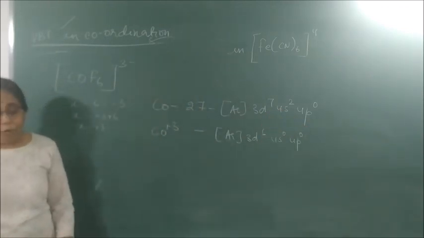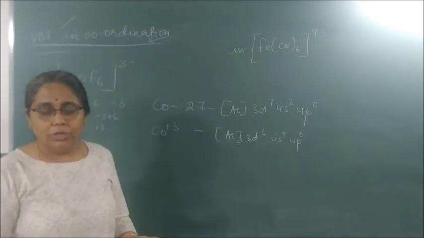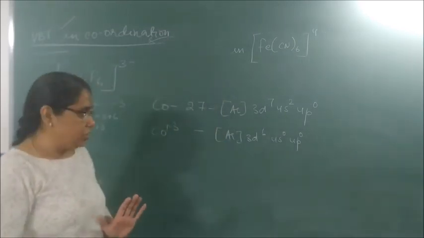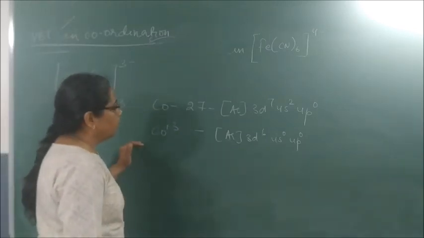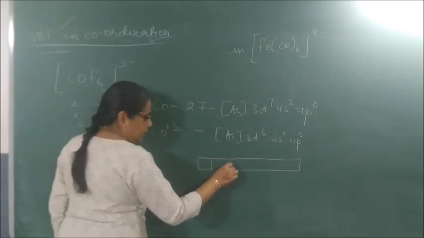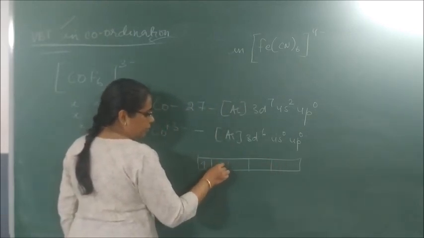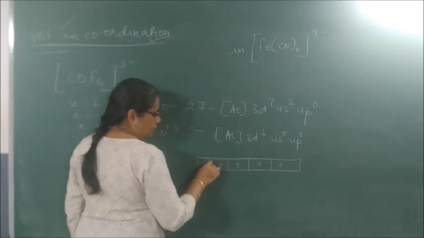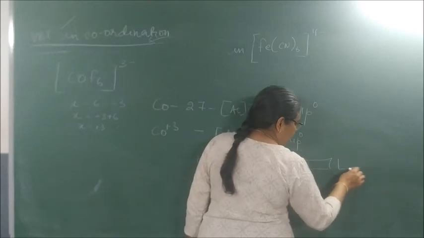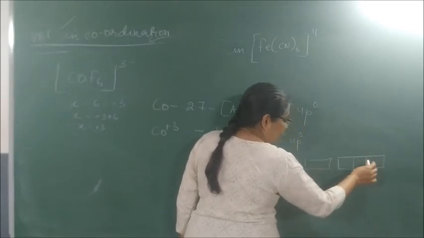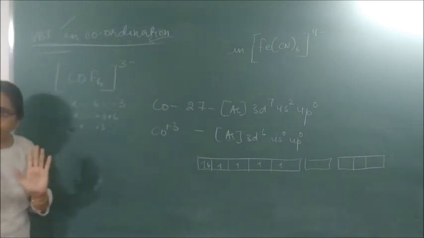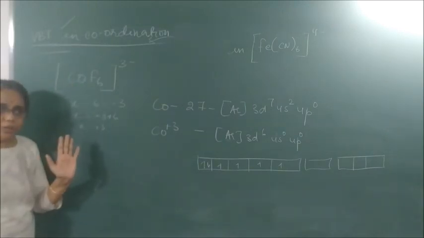Correct? What is the next orbital after 4p? 4d. But we will not talk about it now; we will see how it is possible. So now I will write the configuration of 3d6. It does not show any force pairing or spin pairing.